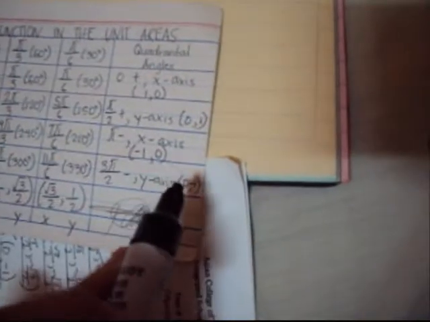So it's negative 1 over 0 because the x is 0. And since the denominator is 0, the answer is undefined. So this is the final answer, undefined.